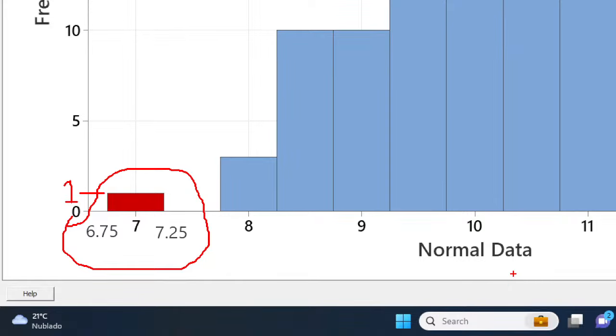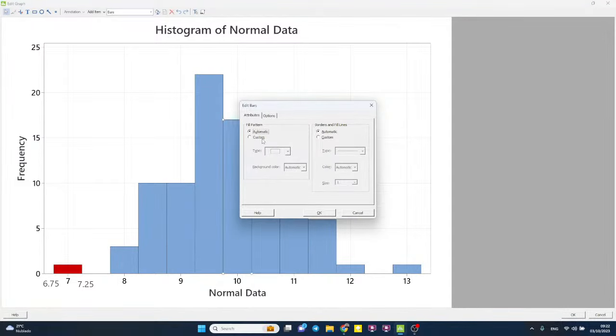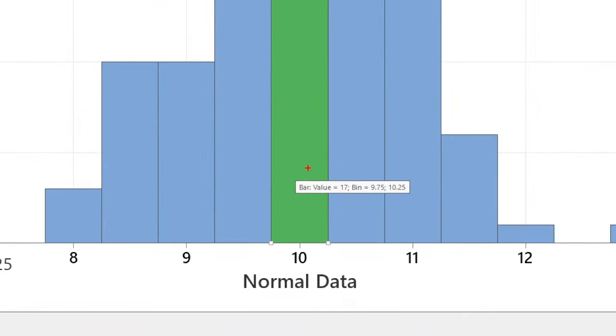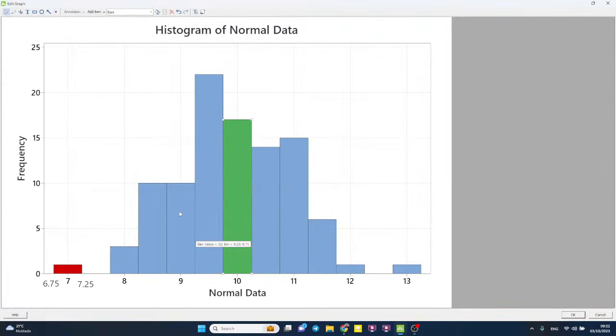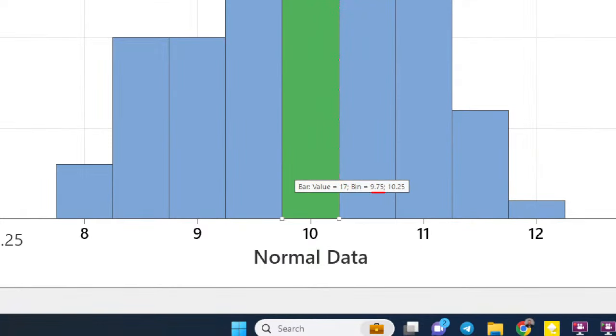Oh, interesting. Very interesting. So if I take, for example, this bar here, see that the interval is from 9.75 to 10.25.